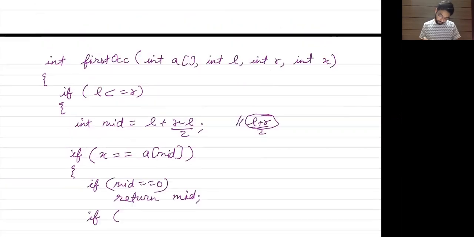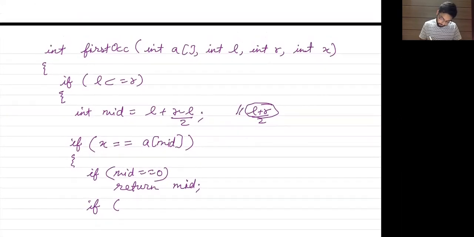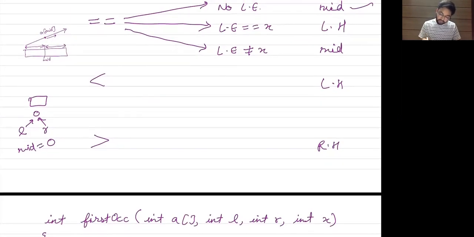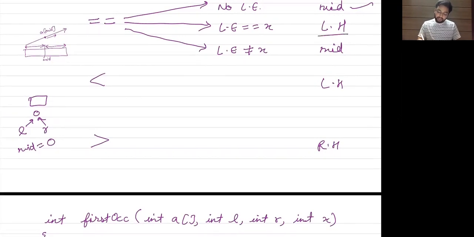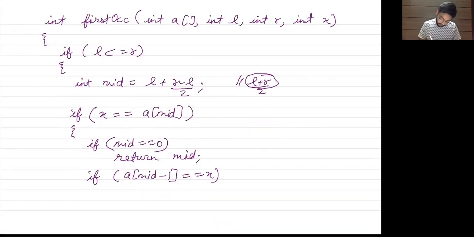Then the next case is if the left element is double equal to x. If the left element is double equal to x, then the answer lies in the left half. So let me just write left half for now.